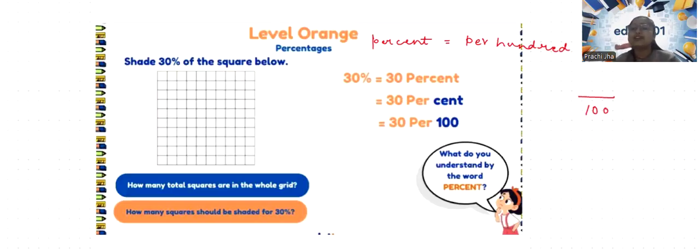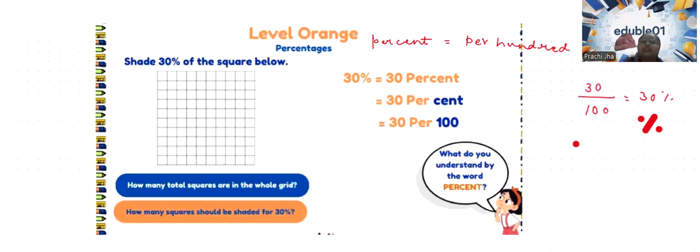Now, if I say 30 over 100, that will be called 30 per 100, which we generally call 30%. The percentage even has a sign, as you can see. Percentage has this sign, which we generally use to show that it is in percentage.